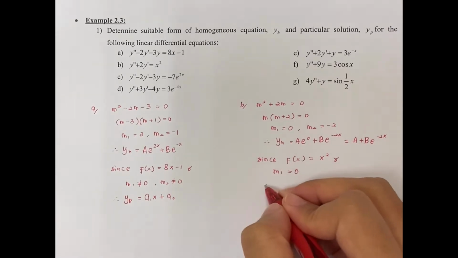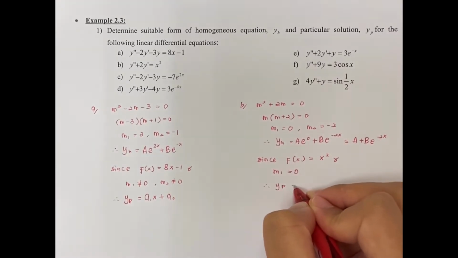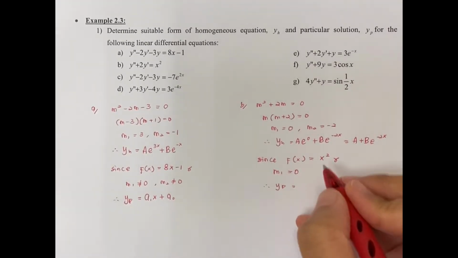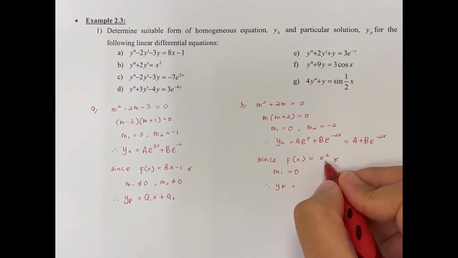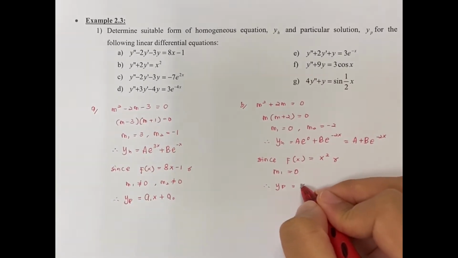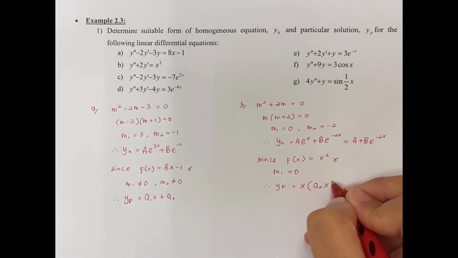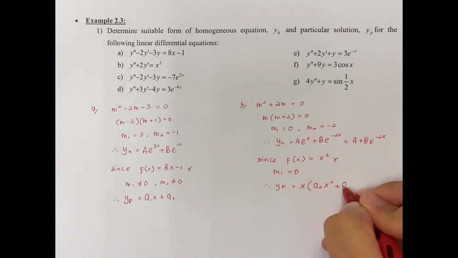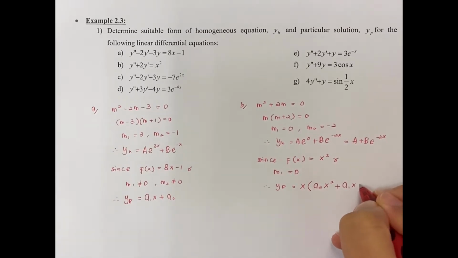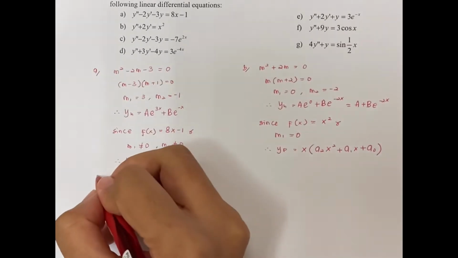So YP is equal to, what is your polynomial? You have x squared. So YP is equal to x times A2x squared plus A1x plus A0.